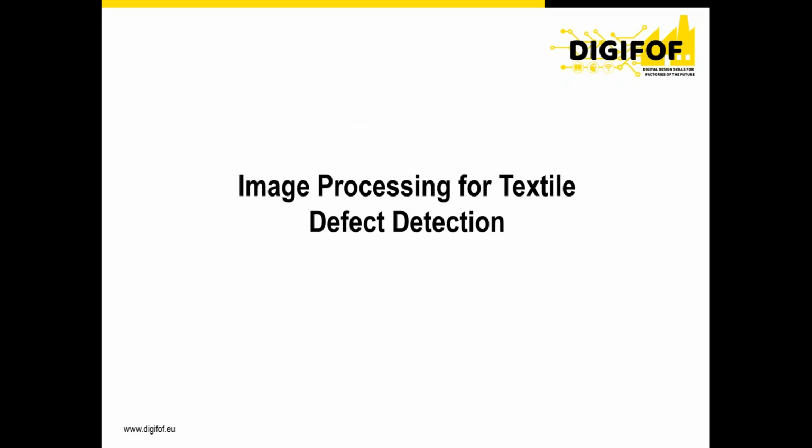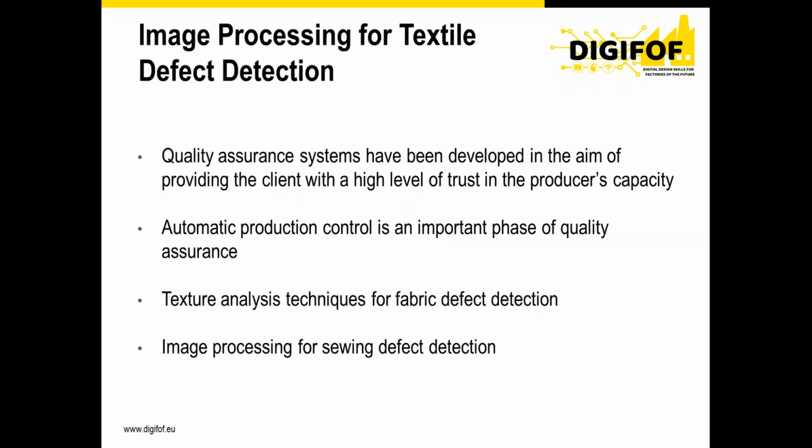So I will give you an overview of how the defects in textile are handled. Actually, automatic production is quite impossible at the moment for textile goods.